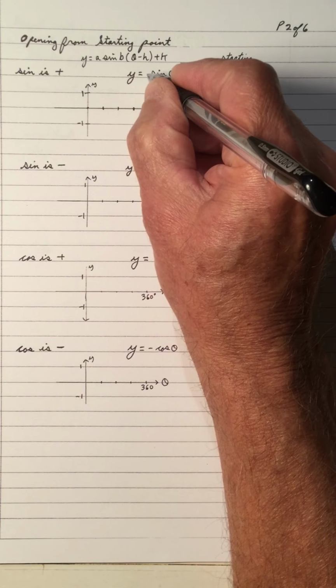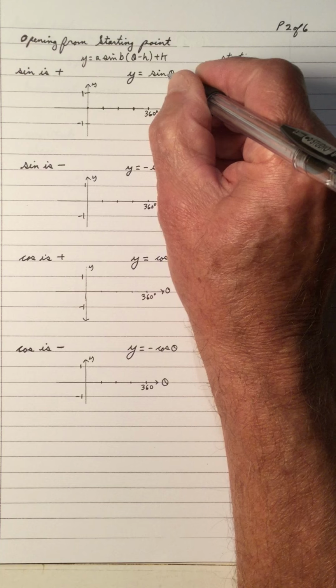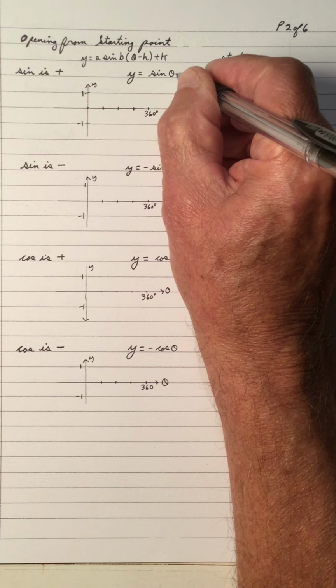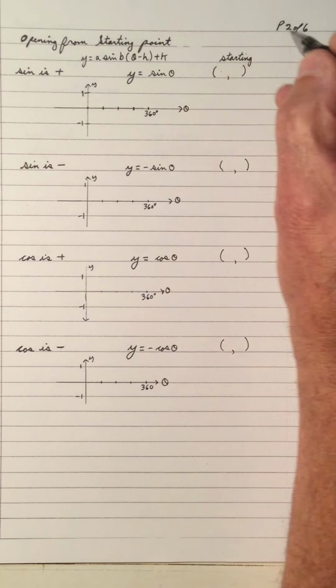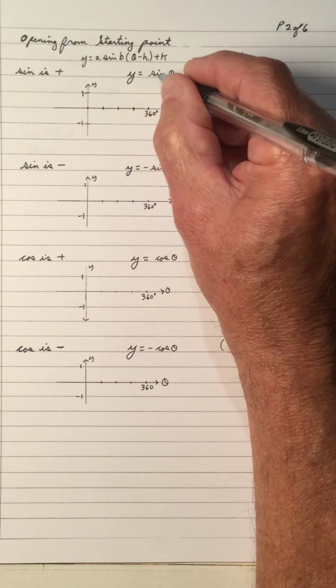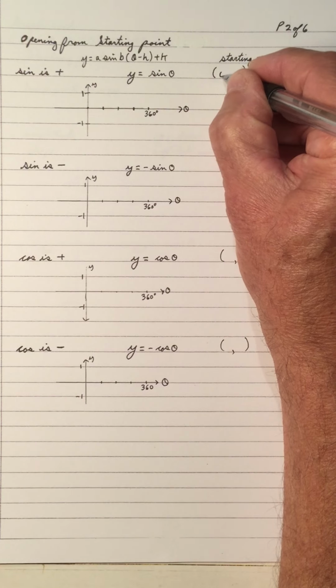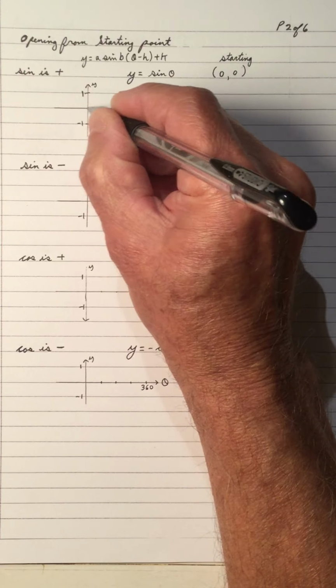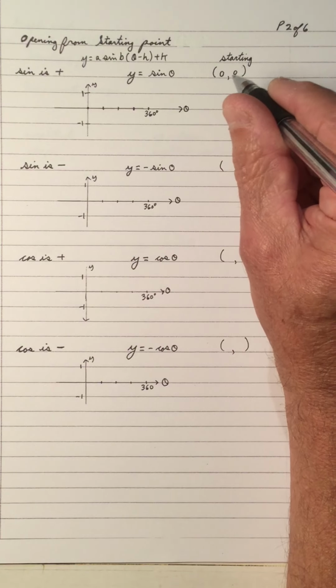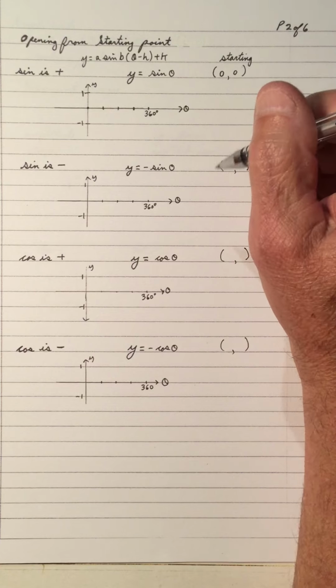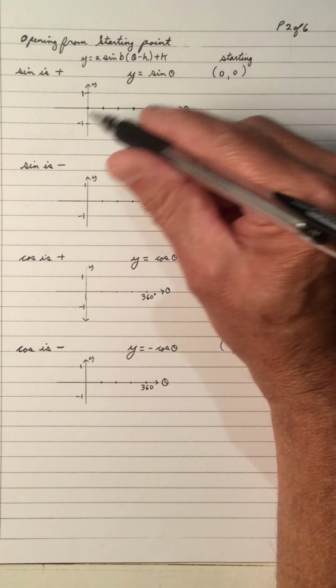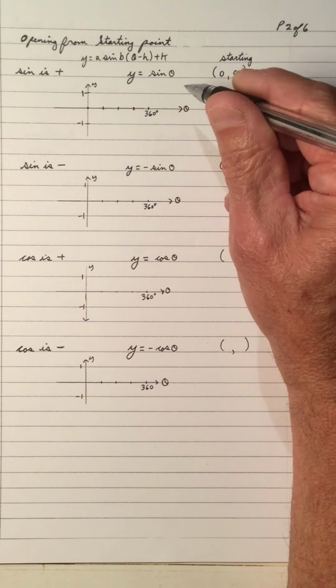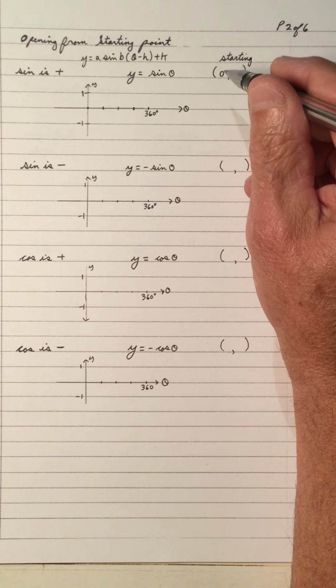A is 1, b is 1, h is 0, and k is 0. If h is 0 and k is 0, the starting point is 0, 0, right here. We graphed this before, based on the table of values of sine, but I'm doing it now from another point of view.